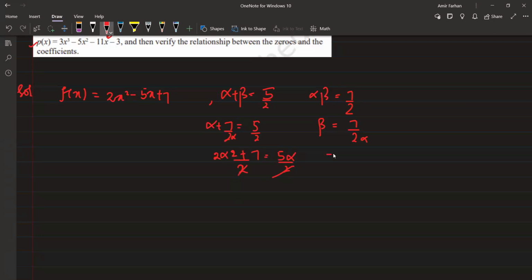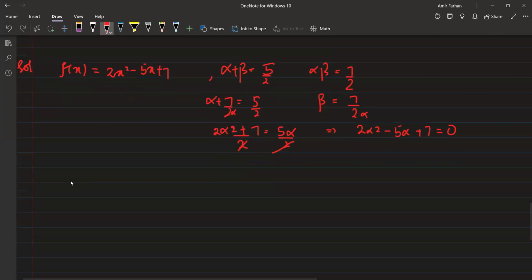So the equation will be 2 alpha square minus 5 alpha plus 7 equals 0. You have to just split it down again. You will get the value of alpha and the value of beta as well. Now you have the values of alpha and beta. Just put the values in 2 alpha plus 3 beta and 3 alpha plus 2 beta. You will get the zeros. Got it? Yes, sir.